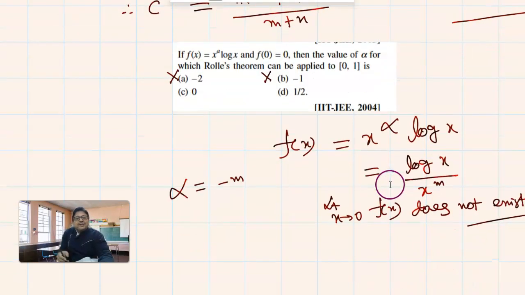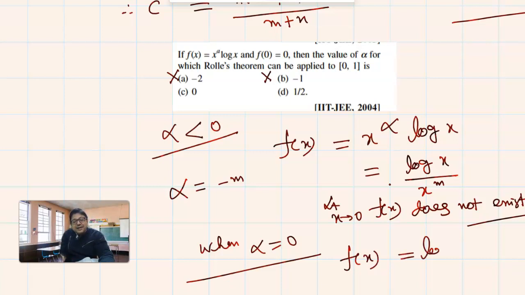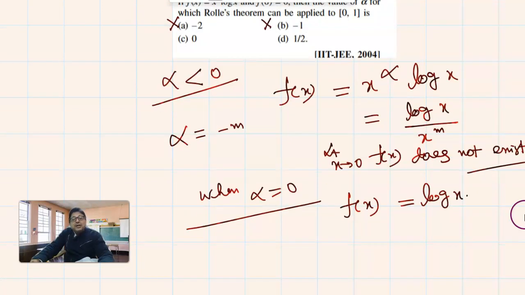Now there are 2 options. At x equal to 0, what will happen? This we have taken when alpha is a negative quantity. Case by case we are studying. This was when alpha less than 0, now alpha equal to 0. Then f(x) is going to be log x itself, which is neither continuous nor differentiable at x equal to 0.